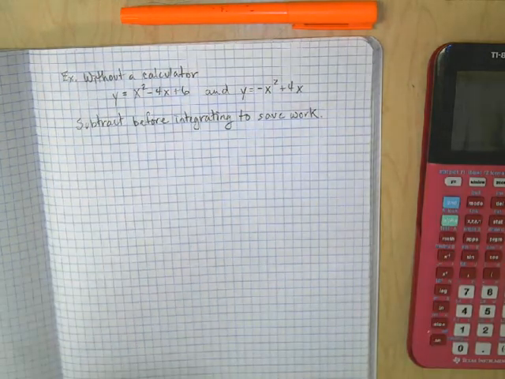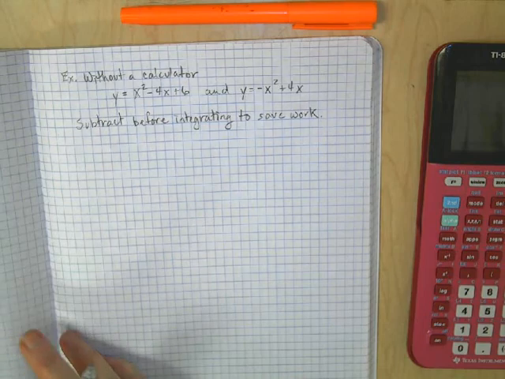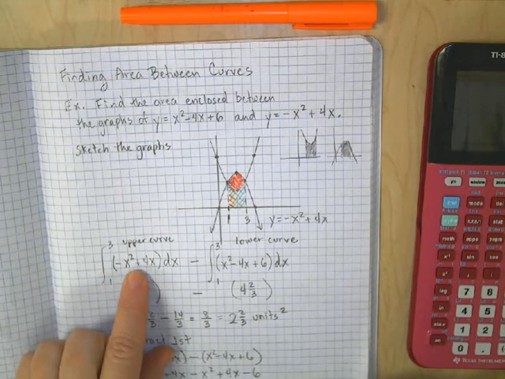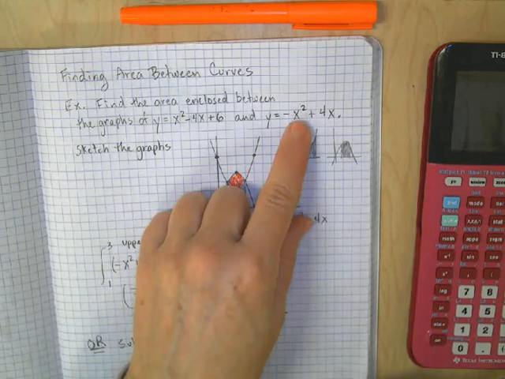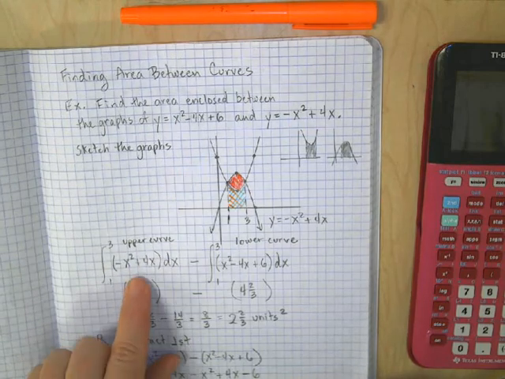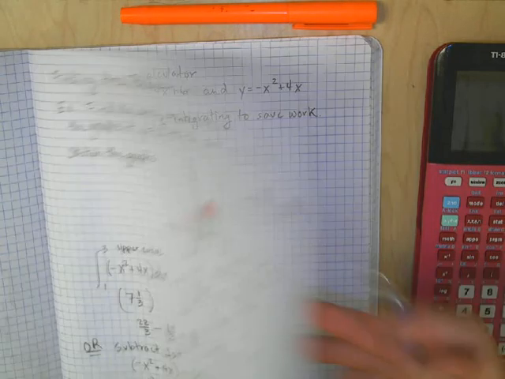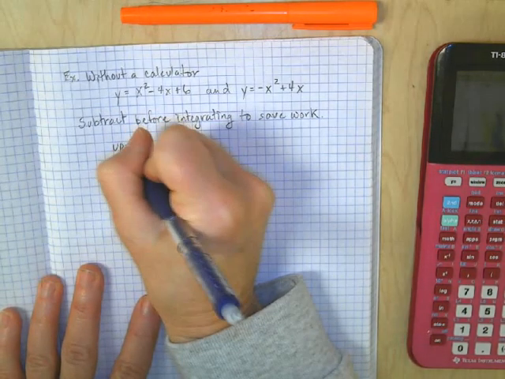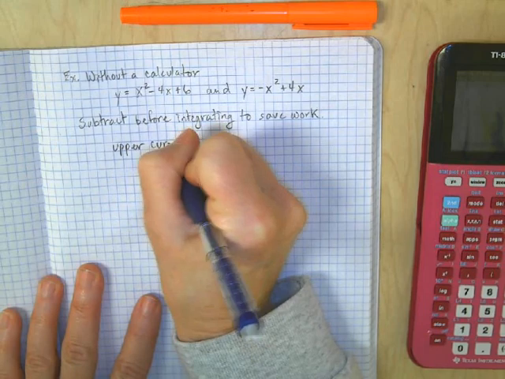Okay, so we're going to take the upper curve. Okay, it's important to recognize which one's the upper curve. The upper curve was the negative x squared plus 4x. So I'm going to take my upper curve. So you're going to do upper curve minus the lower curve.